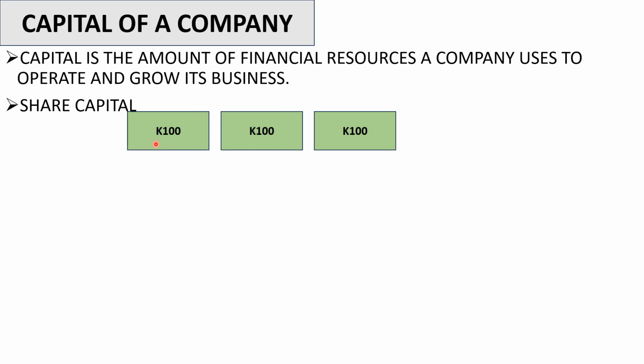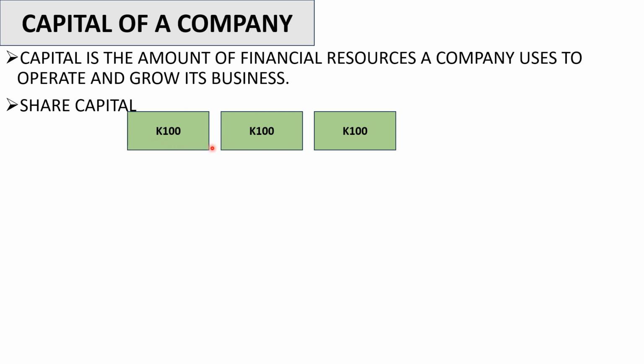They're supposed to be getting reward for their investments. That reward is called dividend. So the amount of money that shareholders get from the profits of the company is called dividend. So they buy shares and they'll be getting dividends. Okay, so that's how it works.